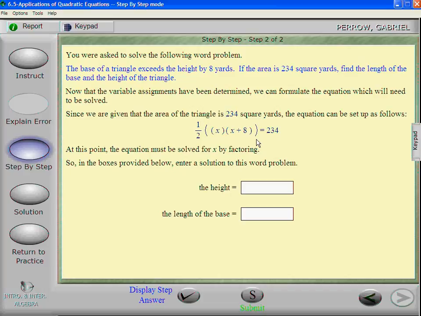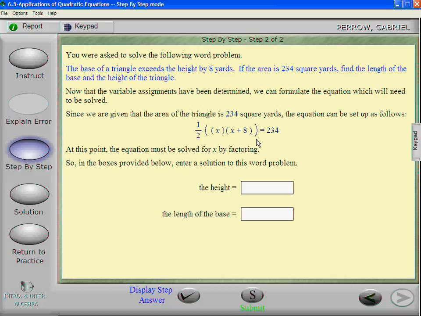So if I have a plus 26 and a minus 18, that would end up giving me x plus 26 and x minus 18 multiplied to give me 0. So my two solutions would be negative 26 and positive 18.